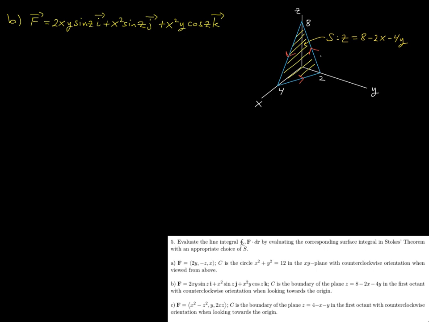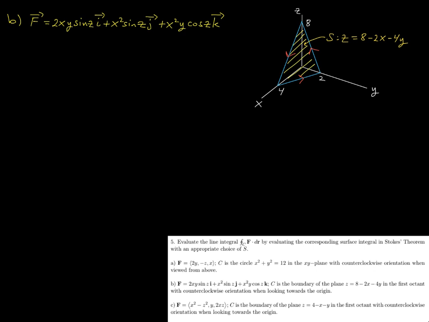As far as the orientation goes, it says the curve C is oriented counterclockwise when looking towards the origin. So if we're standing out here in the first octant, looking towards the origin, I see this counterclockwise orientation. That would imply that our surface S will have its normal vector pointing outward here into the first octant to follow the right-hand rule convention.